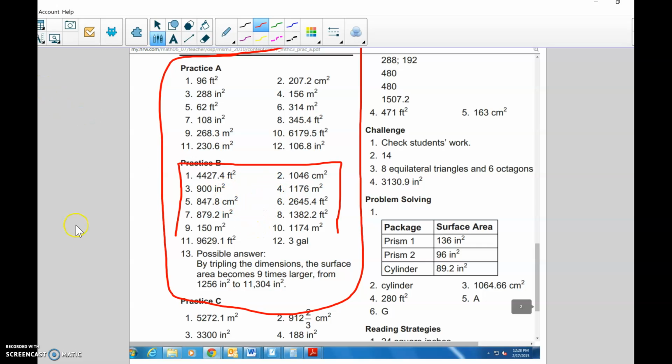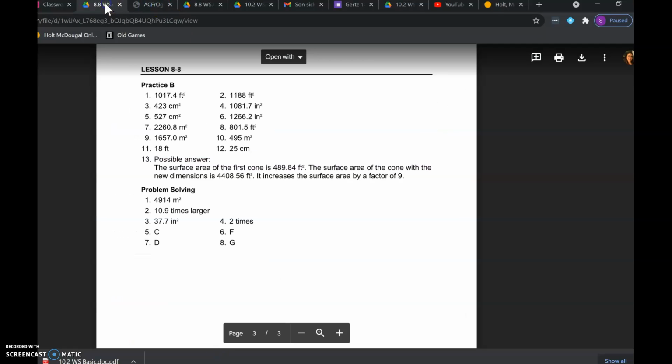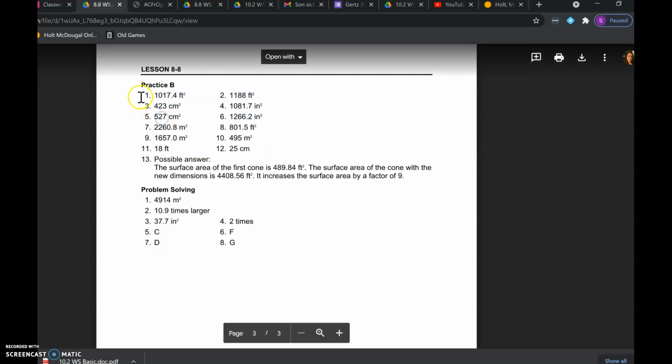Actually, that does not look right. Here, there. So here's 1 through 9, and I know there was problem solving, but I don't think I told you guys to do that. So just 1 through 9, here's the answers, and then I did the first 3. So correct with the correcting pen.